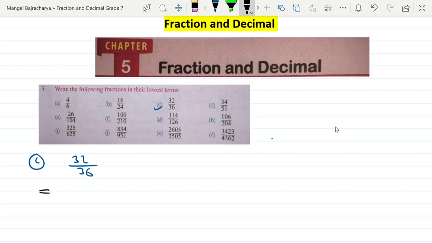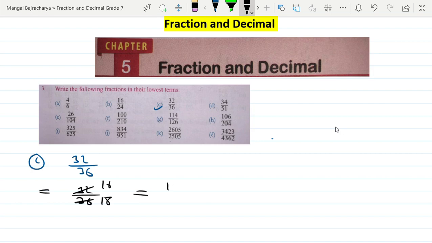Now these both are even numbers, is it? 32 and 36 both are even numbers, so they are definitely divisible by 2. So let's divide by 2 for this. 2 16s are 32 and 2 18s are 36, and by cancelling one time, let's not cancel for the next time in the same line, so that nothing will be mistaken.